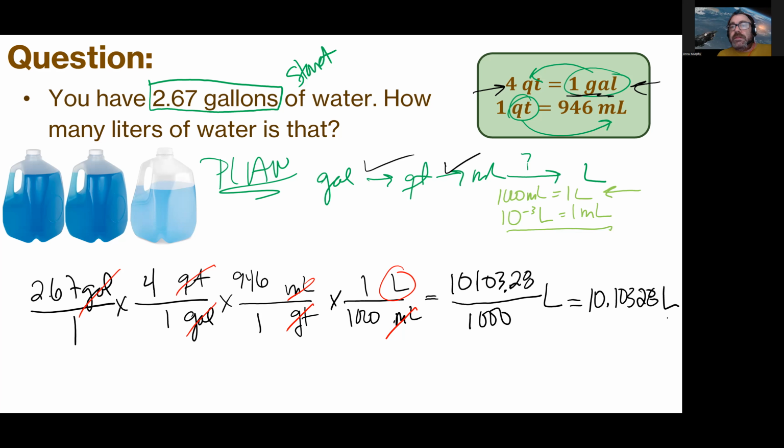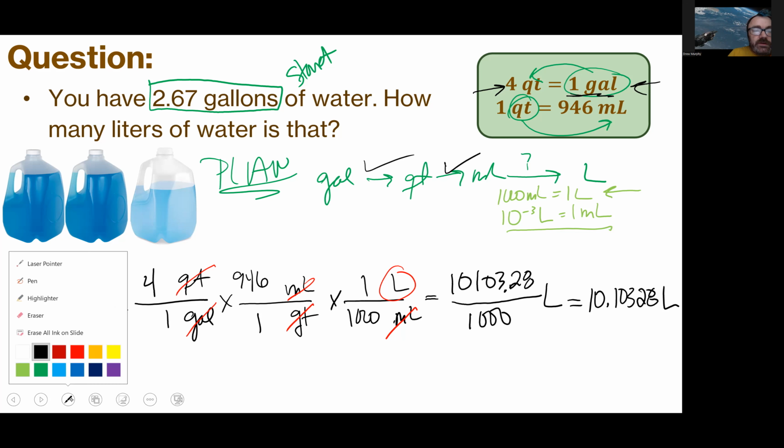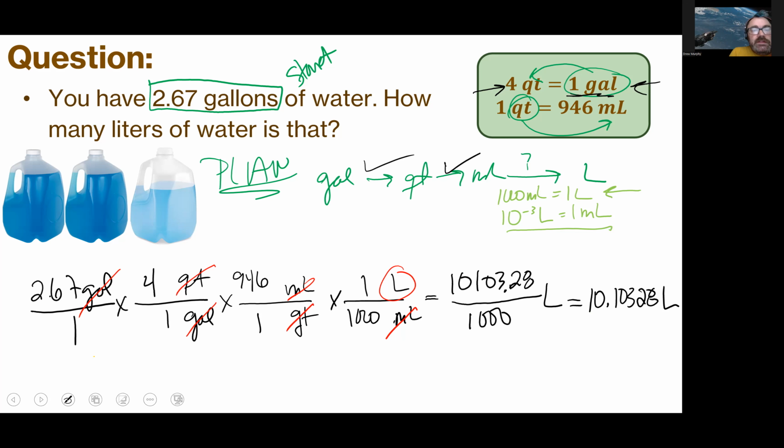Now, the last step is to figure out our significant figures. All of this is multiplying and dividing, so we're just going to worry about 3 significant figures. This is exact because it's in the same unit system.